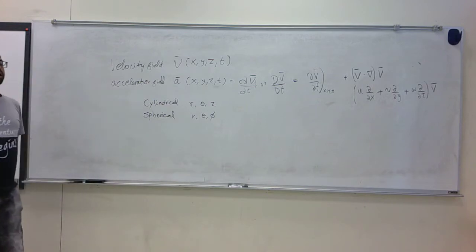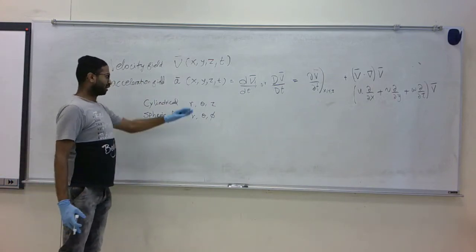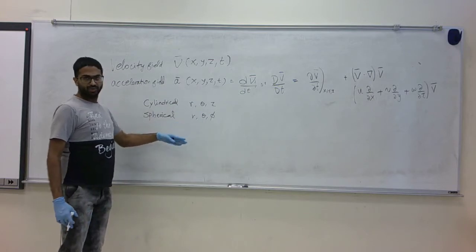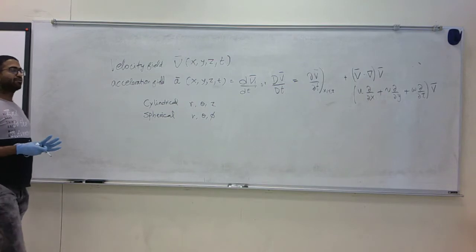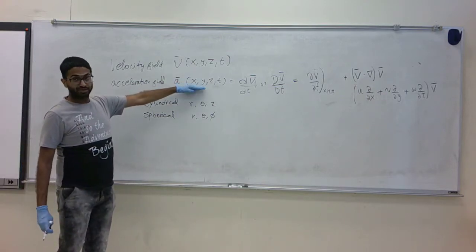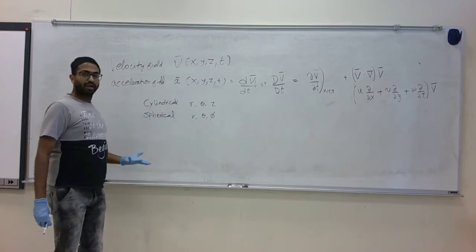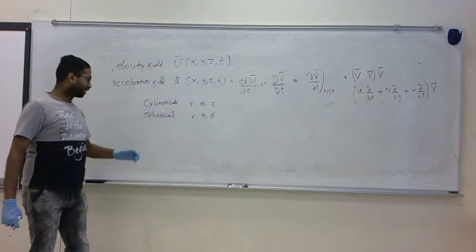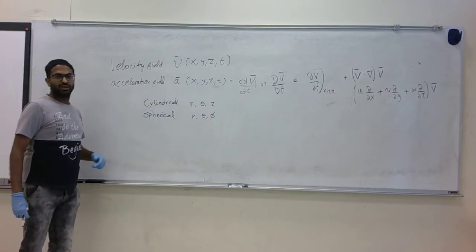Okay, and then the choice of a coordinate system like Cartesian or cylindrical or spherical really depends on the problem at hand. Not every problem will be suitable to be described by the Cartesian system, nor will every problem be suitable to be described well or intuitively described by the cylindrical or the spherical coordinate system.